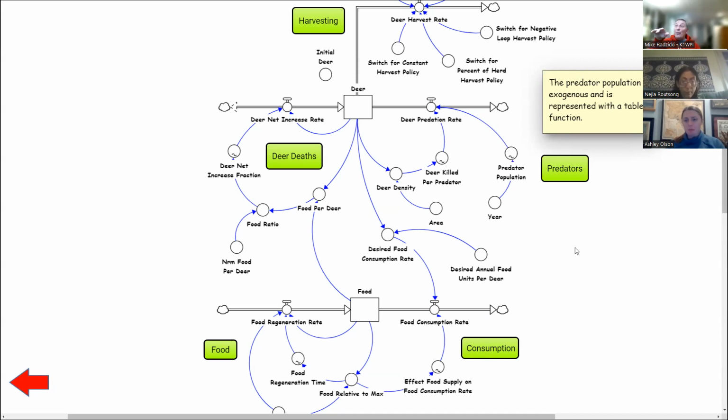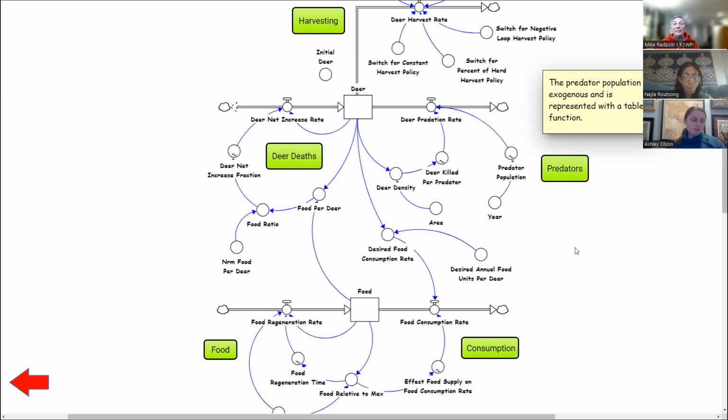So remember, on a table function on the x-axis, we almost always have a ratio, right? In this case, it's, well, how much food per deer is there? And what is it normally when the herd has a full belly? And as the food per deer goes down below normal, it starts to impact the birth rate, and then it could actually cause deaths, right, when they're starving, right?